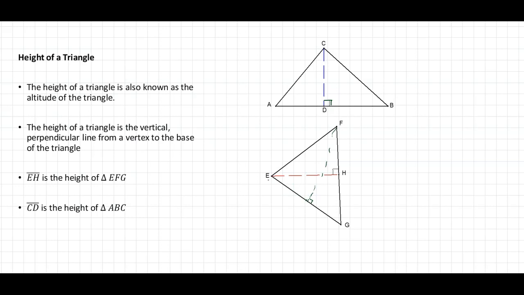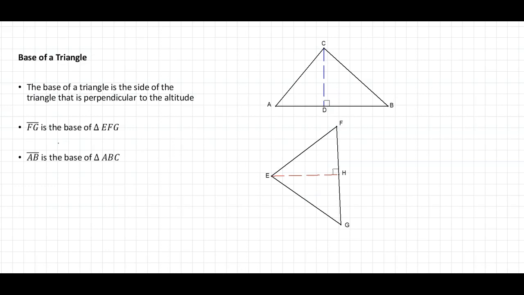So you always remember that your height, and for the most part you will see when you have a triangle, the height will be indicated so you can know which one of them is actually the height of the triangle. So in this case, EH is the height of this triangle.